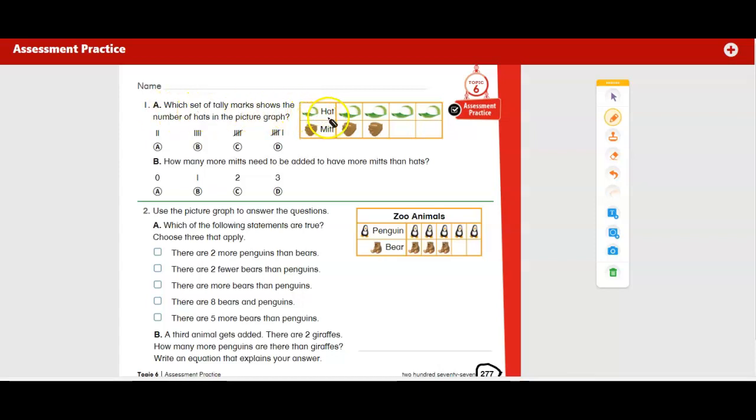When you come to the picture graph, count how many hats do you see? Then find the number in the tally marks. Then you will fill in one of the bubbles to show which tally represents the number of hats in the picture graph.